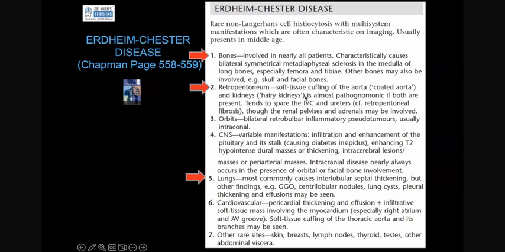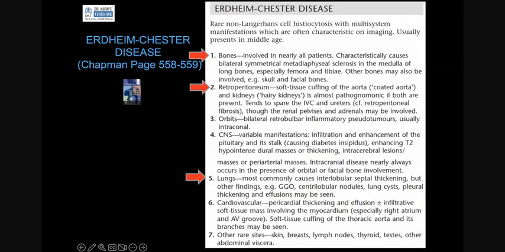There will be soft tissue cuffing of the aorta, which was not seen in our case. And in the kidney, we call it hairy kidneys. It is almost pathognomonic, right? Please remember, the IVC and ureters are usually not involved, which can be seen in retroperitoneal fibrosis.